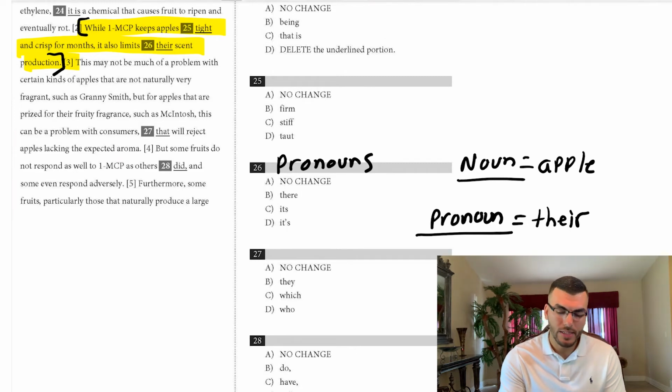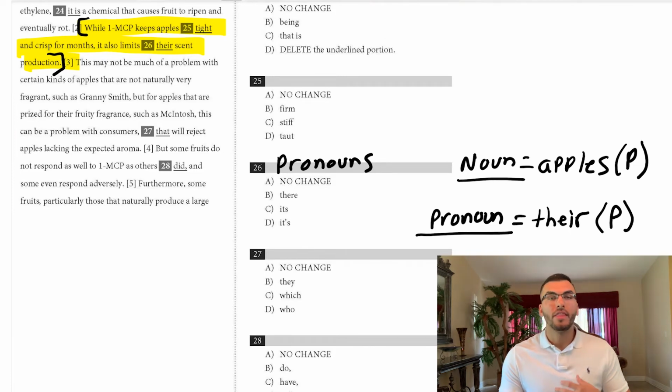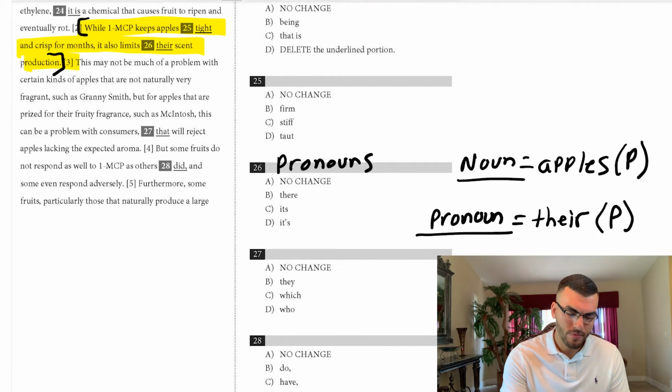Well, we got to identify singular and plural. Apples is plural, that's multiple things. There is also plural. There is a plural pronoun. It refers to multiple things or people. It's not singular. So is there a grammar error here? Yes or no? No, there's not. So choice A is the correct answer.